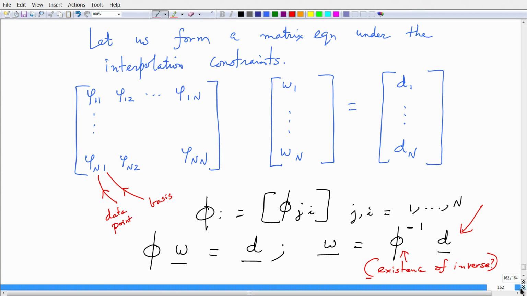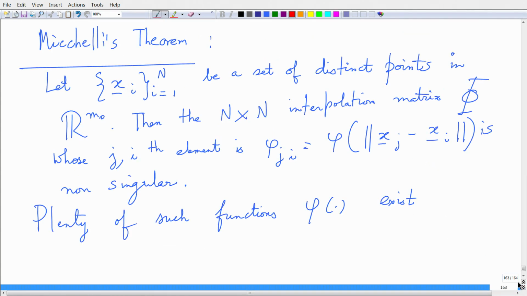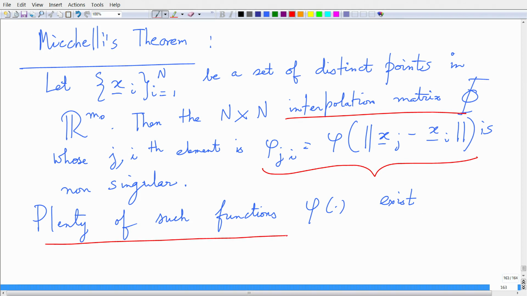Fortunately, we have a theorem from Micchelli that states as follows: let xi, i equals 1 to n be a set of distinct points in R m naught, then the n by n interpolation matrix phi whose ji-th entry is phi ji given by this quantity is non-singular, and plenty of such functions exist, and this is very important because it gives us the freedom of choosing the basis rather than restrict ourselves with a particular function.